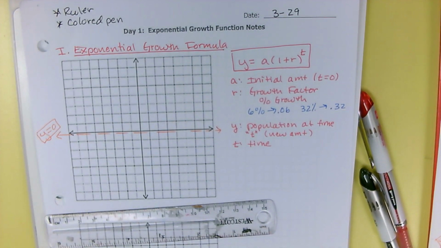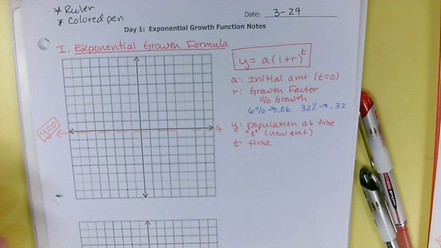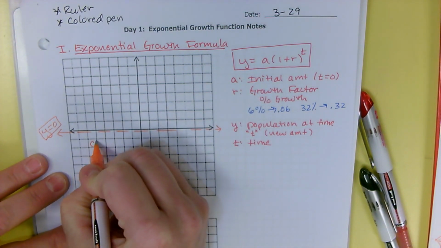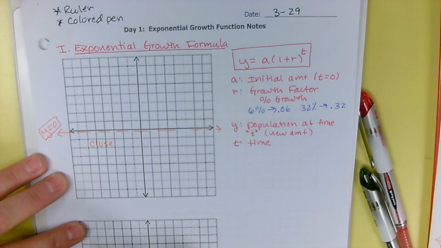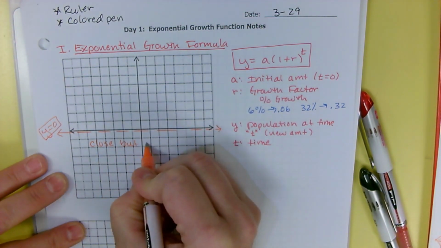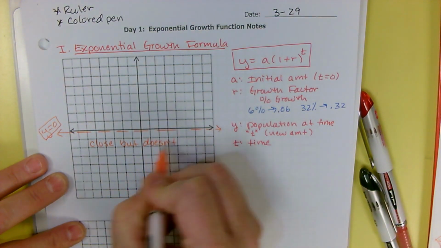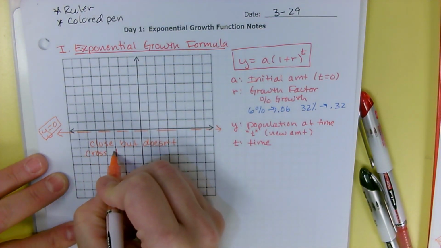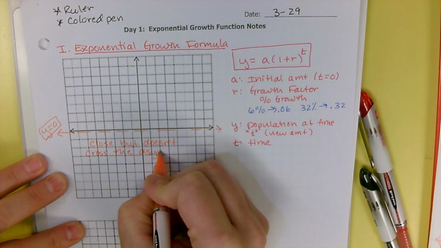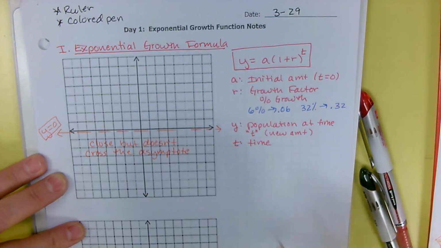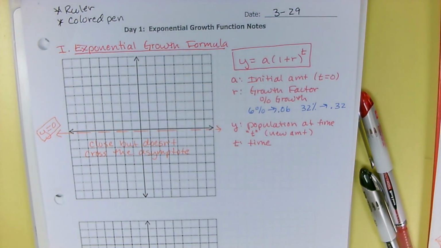Asymptotes are guidelines. They're lines that influence how the graph looks, but they are invisible. So your graph is going to come close to that line, but it doesn't cross the asymptote. It just gets infinitely closer to it as it progresses.